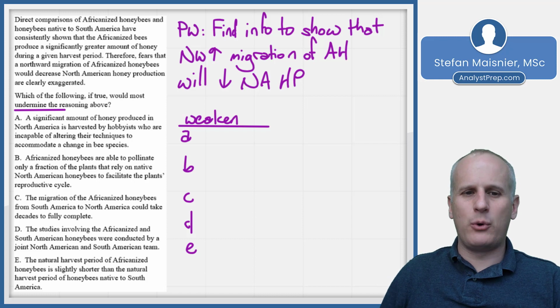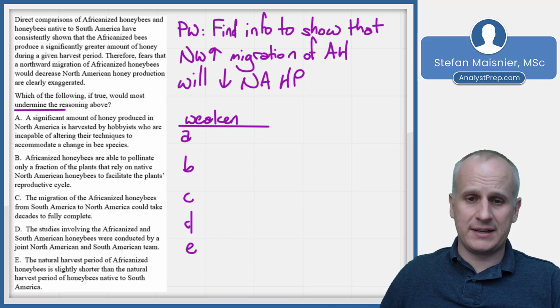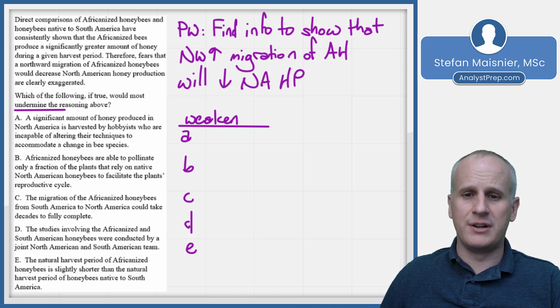Because it's said before that the fears were exaggerated. But here, if we're going to weaken the argument, we need to show that those fears were not exaggerated and that this northward migration of the Africanized honeybee will lower North American honey production.